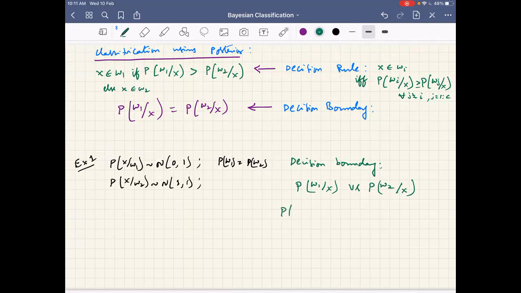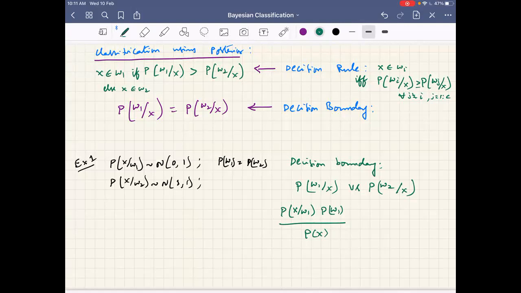But I have to compare p of omega 1 given x versus p of omega 2 given x. In any case, I rewrite them in terms of the likelihoods and the priors, which usually are what we will have. No one will give us the posterior probabilities. Most of the cases we formulate p of omega 1 and p of omega 2 ourselves, based on prior knowledge and domain knowledge. Based on measurements, we ourselves quantify p of x given omega 1 and model it using some mathematical distribution.